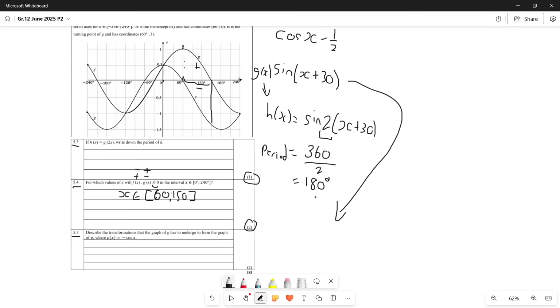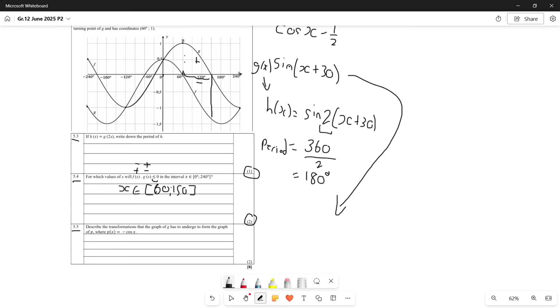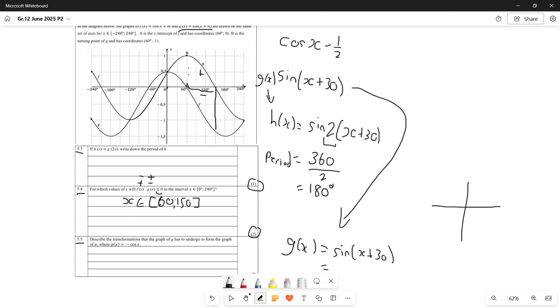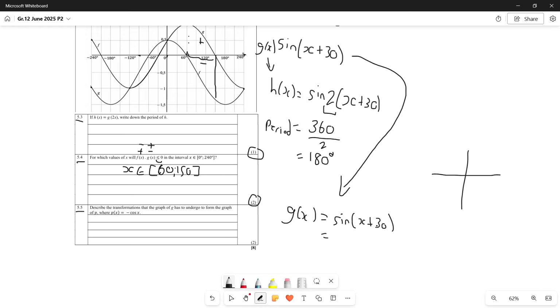So the fact that we need to turn it into a cos means that we are going to have to do some sort of co-function. So I'm just going to rewrite our g of x over here. In order to do a co-function, we can go one of 2 ways. We can either try and get 90 minus, but that'll take quite a bit of work. So it might be easier to get 90 plus. So what that means is that if we shift this graph 60 units more to the left, we'll end up starting it at negative 90, which means this guy in our bracket will become positive 90.